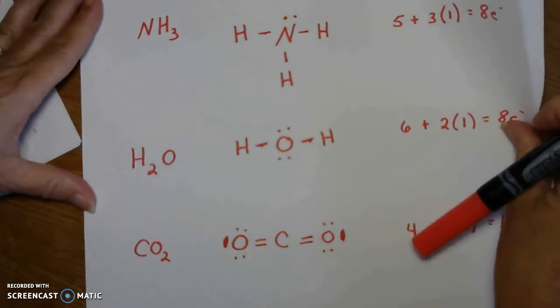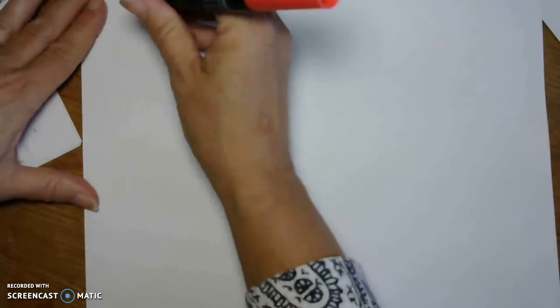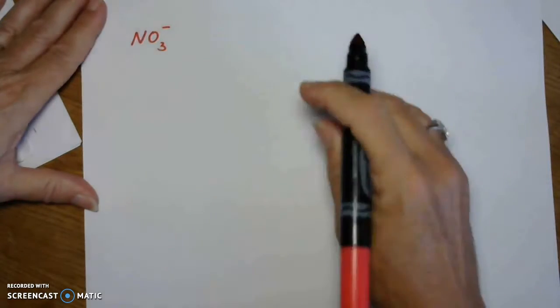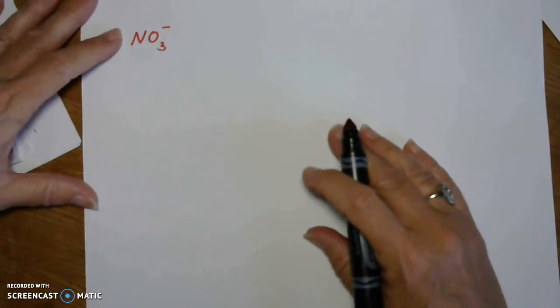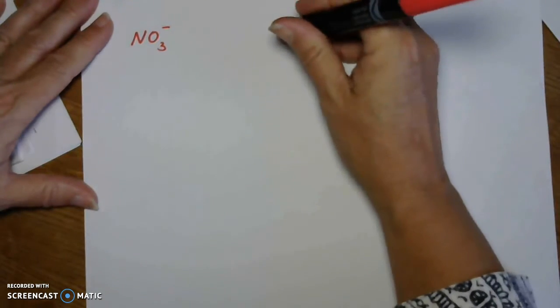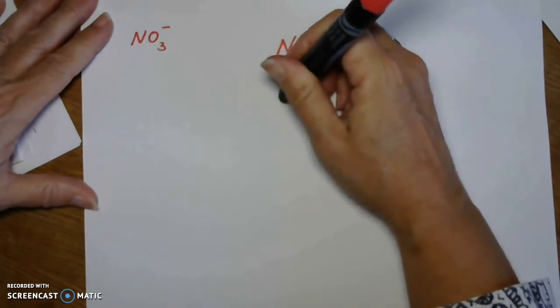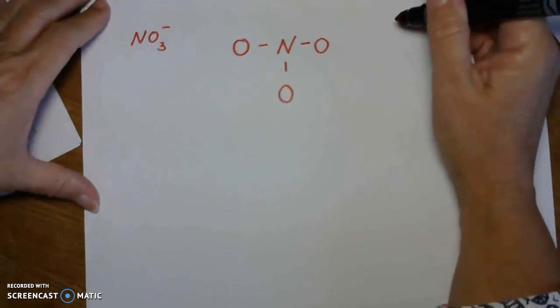Let's look at a polyatomic ion. Let's get nitrate. So we're going to put the nitrogen in the middle, and we're going to put oxygens on the outside.